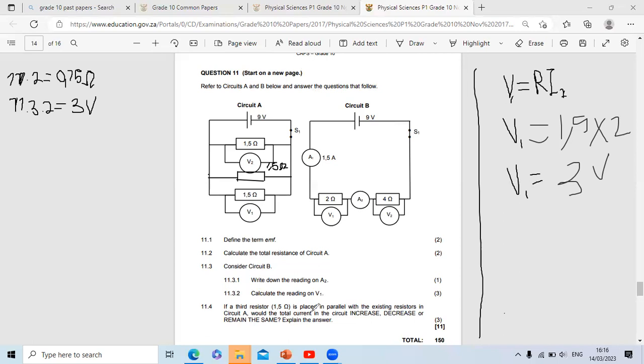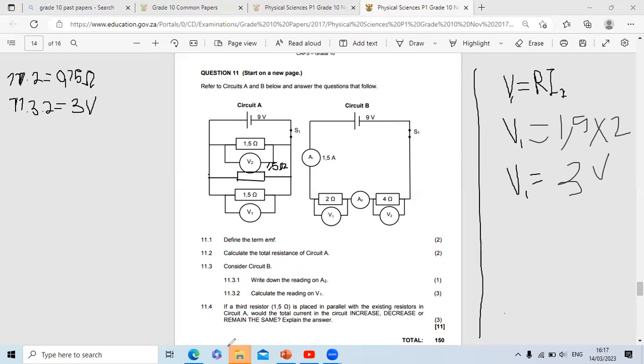And they say, would the total current in the circuit increase, decrease, or remain the same? So basically, if you add another resistor in parallel, you're reducing the resistance of the circuit.